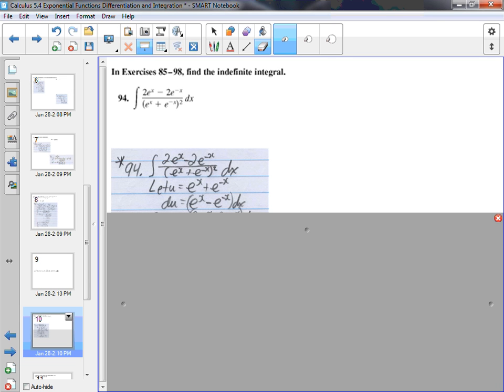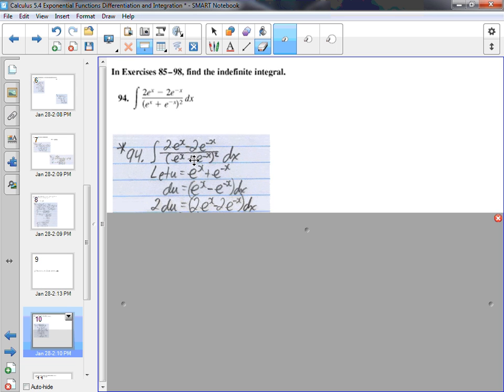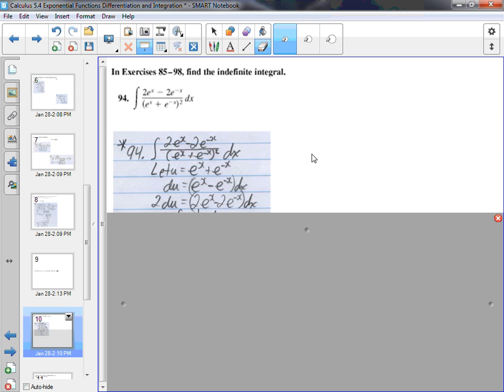Almost. Just multiply it by 2, right? And now I can replace the numerator. All right, so let's make our substitution, right? So our denominator, e to the x plus e to the negative x quantity squared, is now u squared.